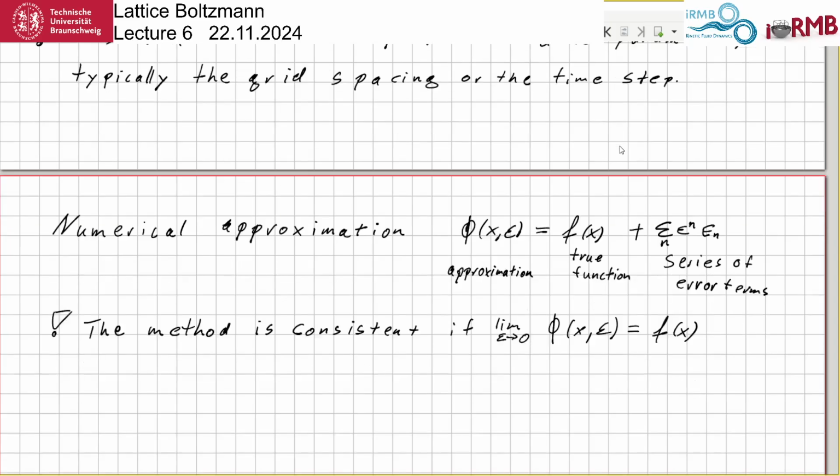Basically, the numerical approximation phi of x and epsilon is the truth plus a hierarchy of error terms.